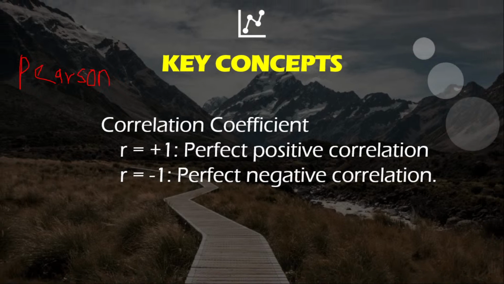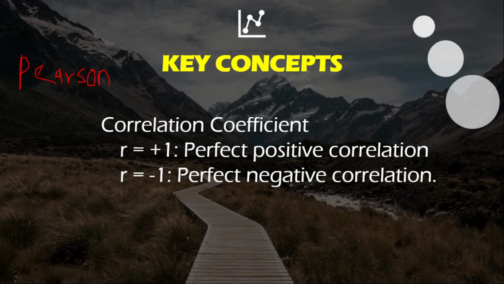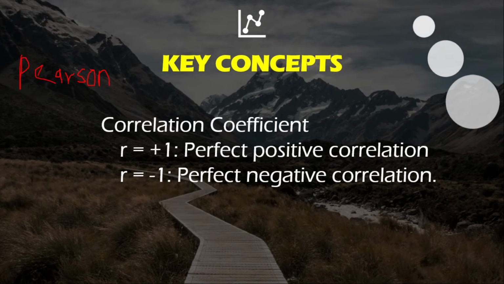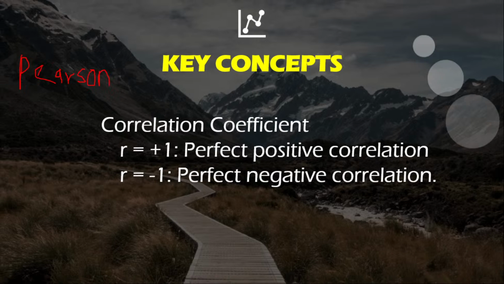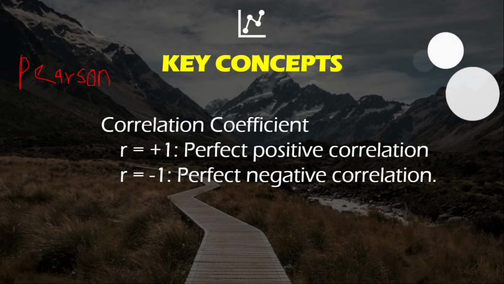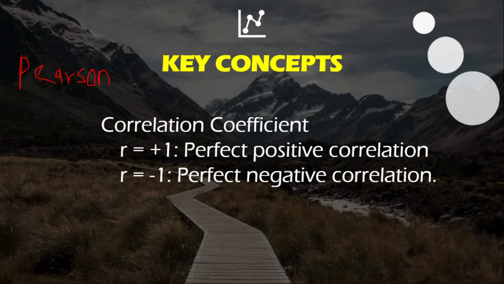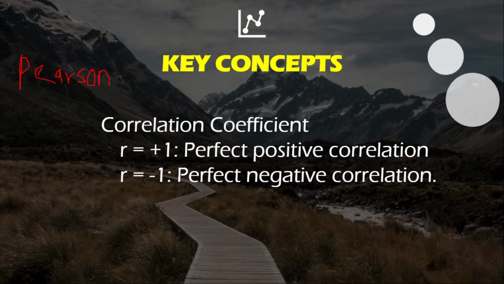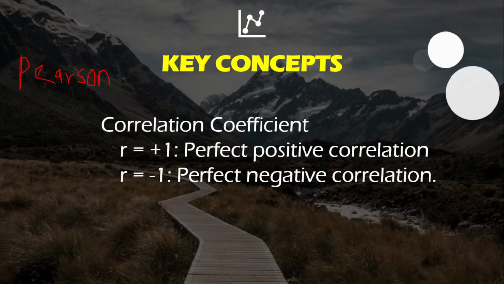The strength is 100% perfect. So 1 shows strength, while the sign shows direction. I'm explaining it in simpler terms that you might not get elsewhere. 1 shows the strength, the sign shows the direction.